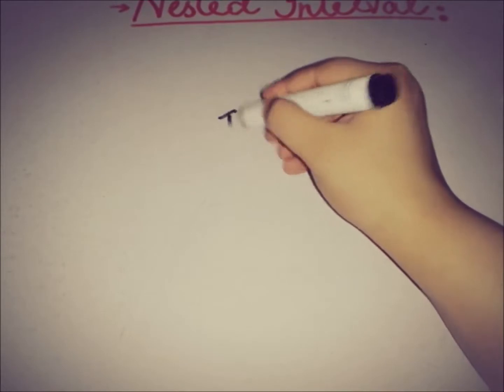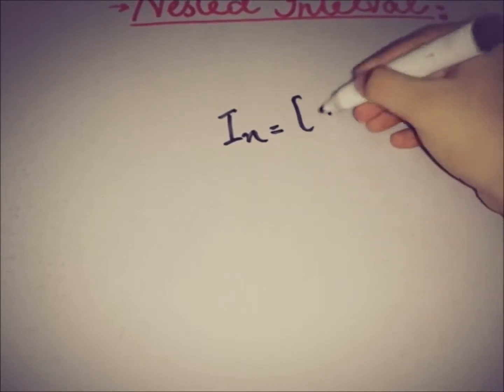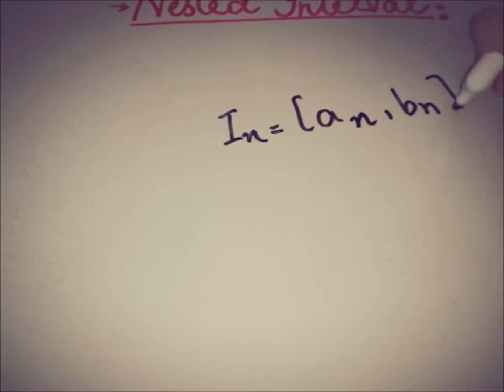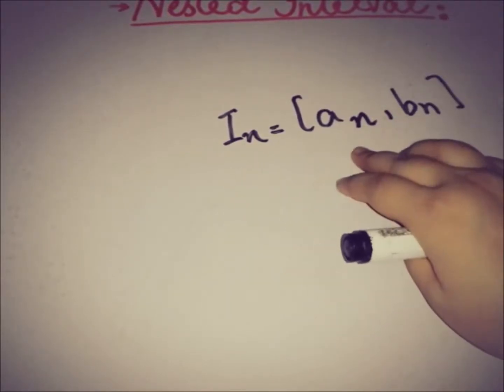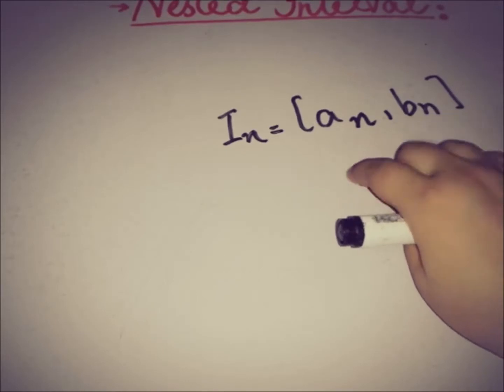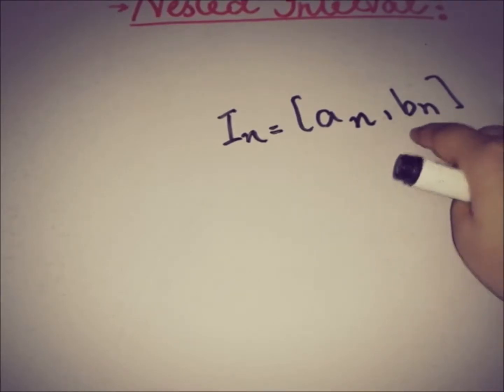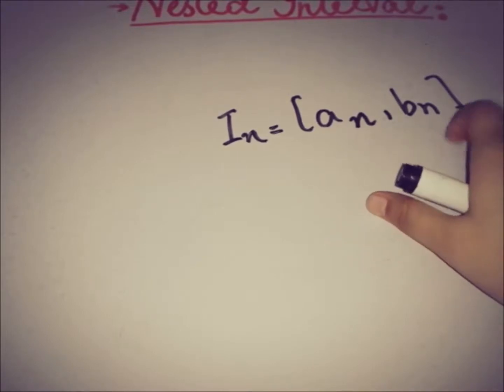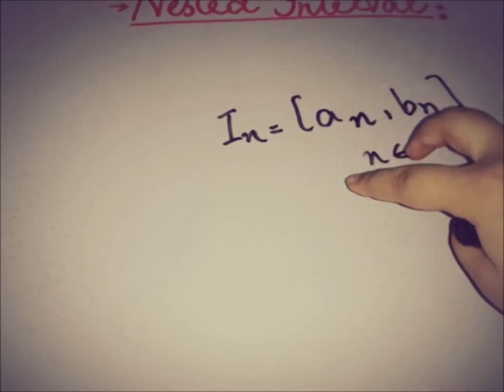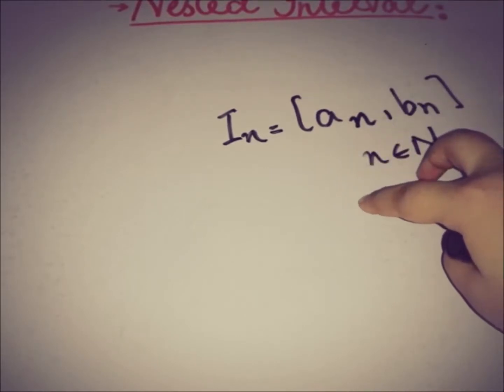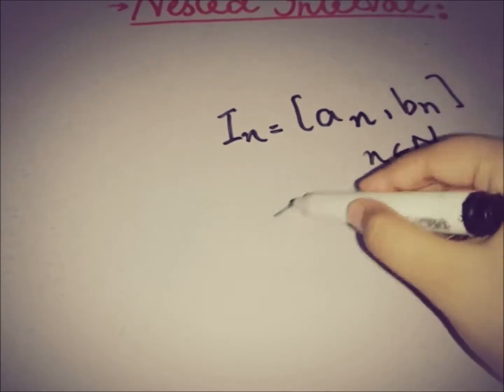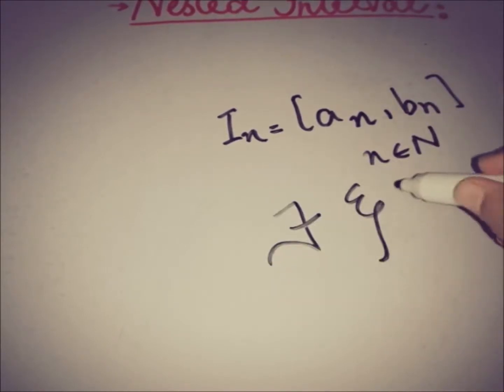It states that if we have a sequence of intervals In, where every interval is a closed interval, so In has endpoints an and bn, where n belongs to the natural numbers, and In is a nested sequence of closed bounded intervals, then the claim is that there exists a real element from R such that this element belongs to In.